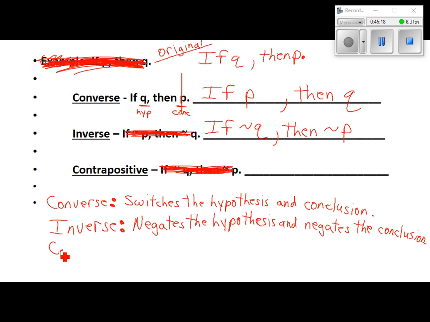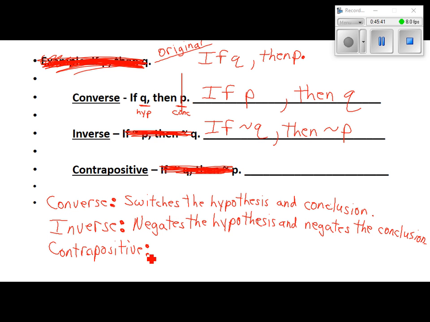Anybody have a guess what the contrapositive does to a statement? Is it like the opposite thing? Keeps everything the same? That wouldn't do anything. Switches the hypothesis and the conclusion? What'd this one do?